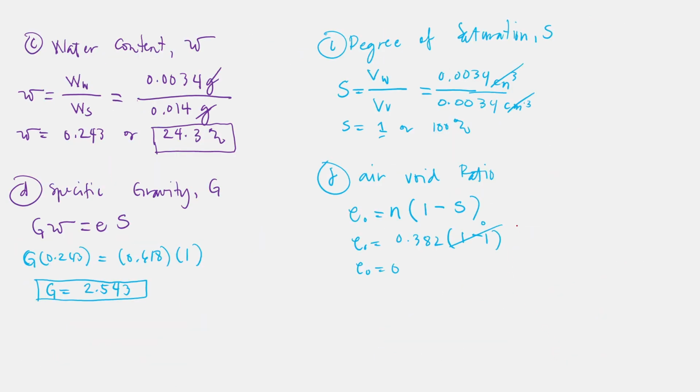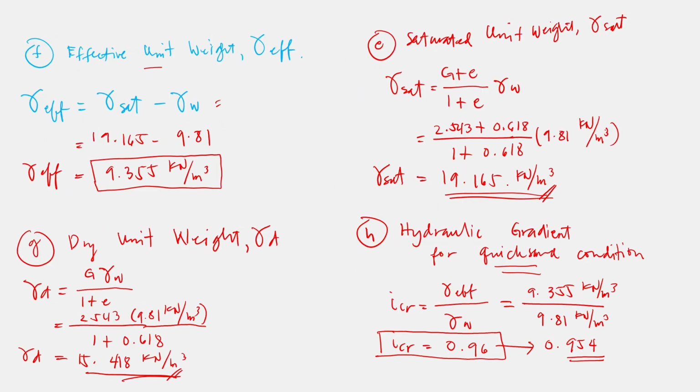So 0.954. And then dito sa air void ratio, ang gamitin na lang natin na symbol dito is E sub A. Ayan. So yung E sub O kasi meron siyang gagamitin natin yan later on. So initial void ratio. So dito E sub A for air void ratio na lang yung gamitin natin. Wala kasing symbol yung air void ratio.